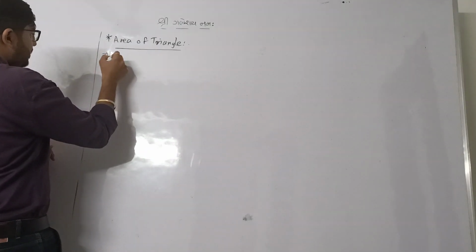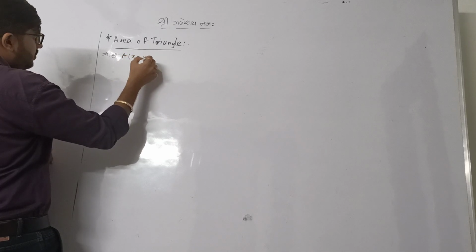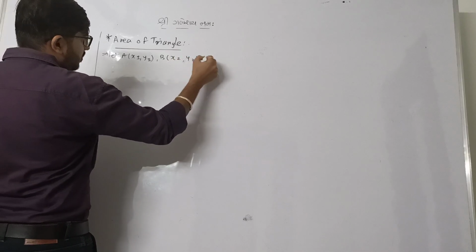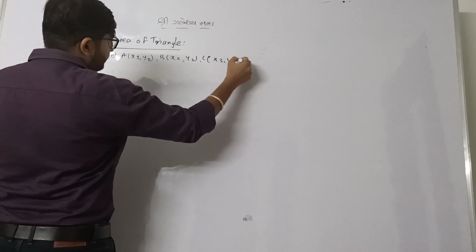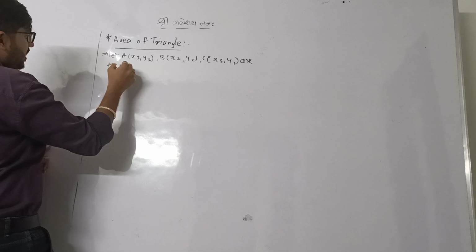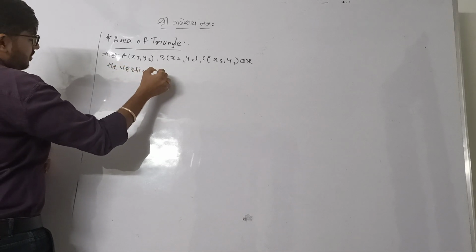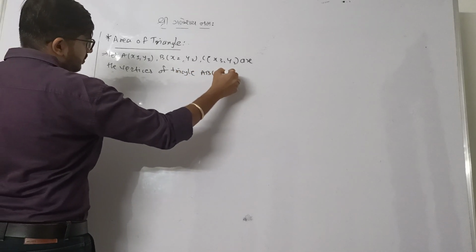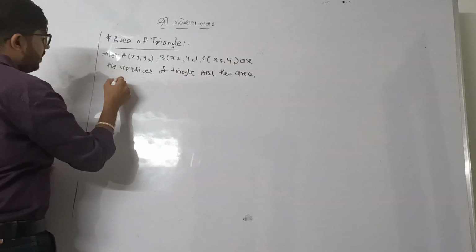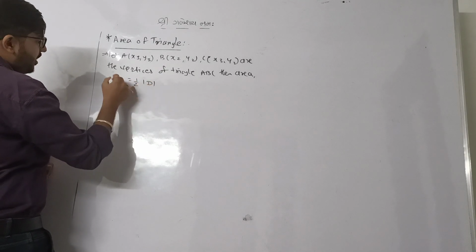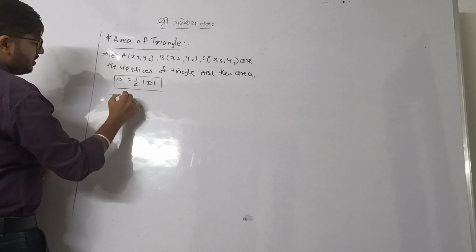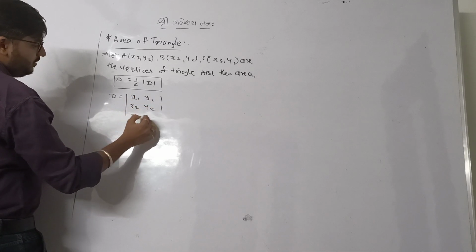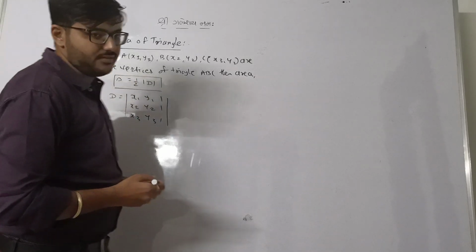So we can say that let A of x1 y1, B of x2 y2, and C of x3 y3 be the vertices of triangle ABC, then area is equal to half mod of determinant. Where determinant is x1 y1 1, x2 y2 1, and x3 y3 1.